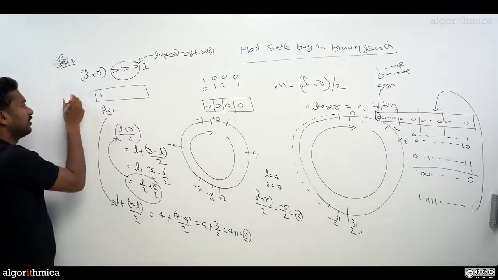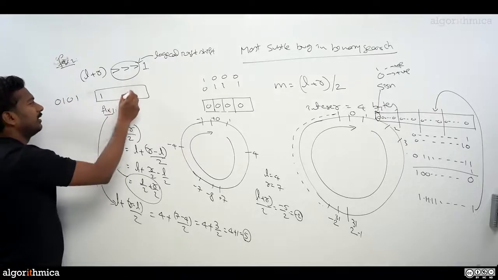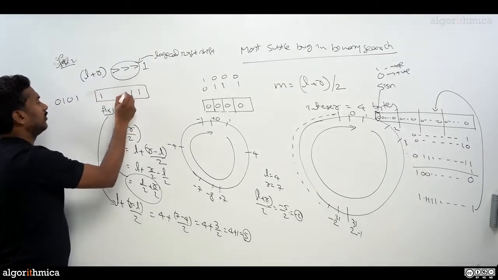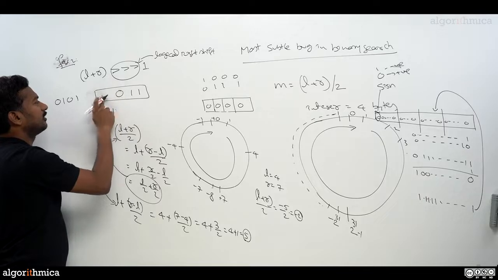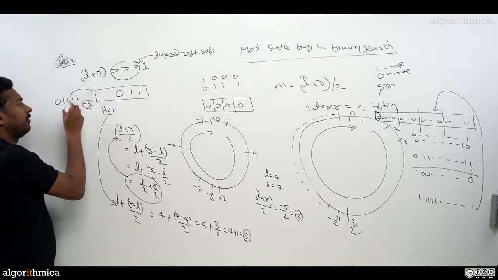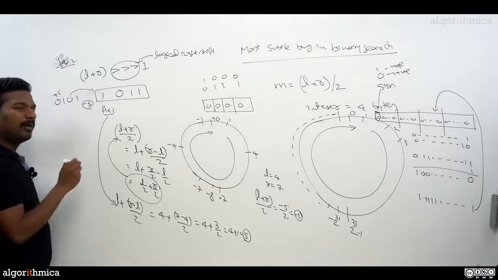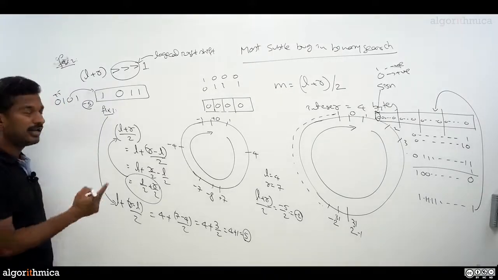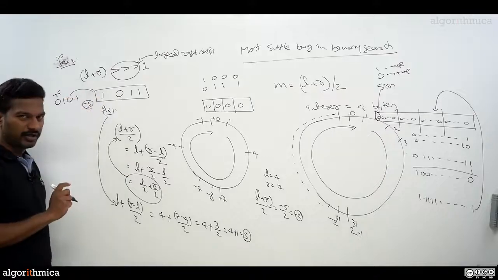Positive 5 is 0101; take the 2's complement, which is: copy bits up to the rightmost 1, then flip the rest, giving 1011. Whenever you want to store minus 5, you take plus 5 and take its 2's complement. Again, refer to the video on internal representation of integers. So minus 5 is stored here.